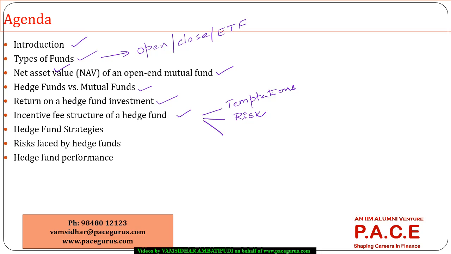So we will talk about different kinds of terminologies that are involved in the process. Then we will bring in the various hedge fund strategies. So around 8 to 10 different strategies which typically the hedge fund managers get into and specialize in. So those are the different kinds of strategies that we are going to talk of.